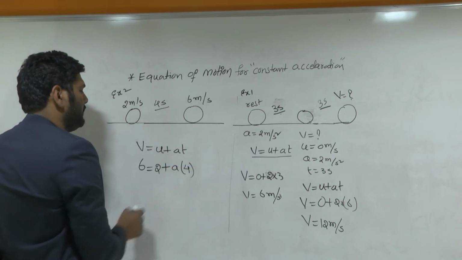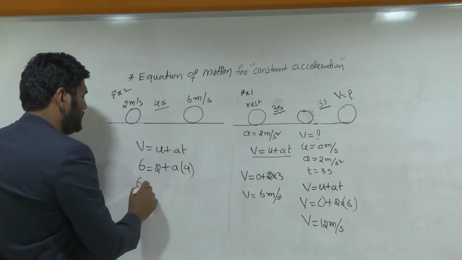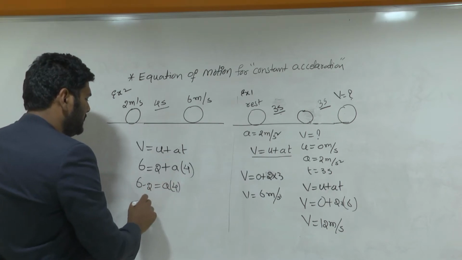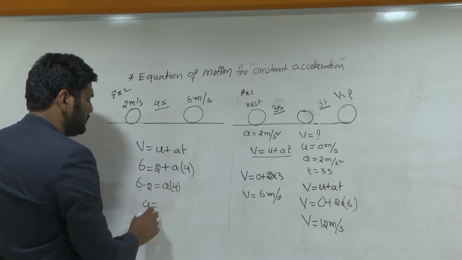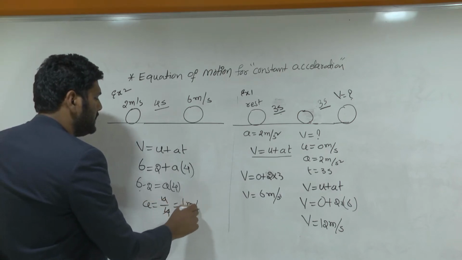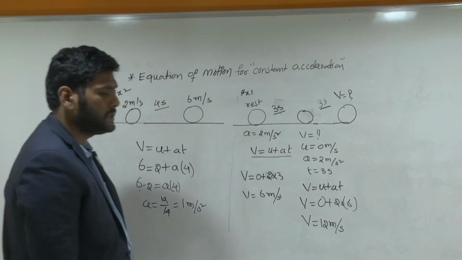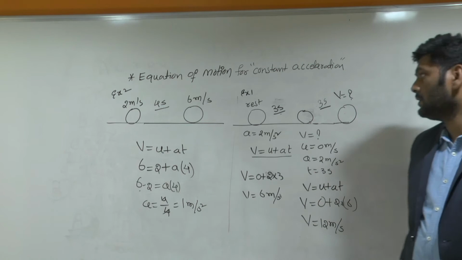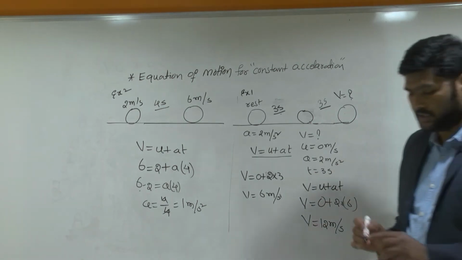So 6 minus 2 is equal to a into 4. Then a is equal to 4 by 4, so that is 1 meter per second square. So this is the correct answer. Very good. This is how we can find the acceleration. Okay, this is one example.